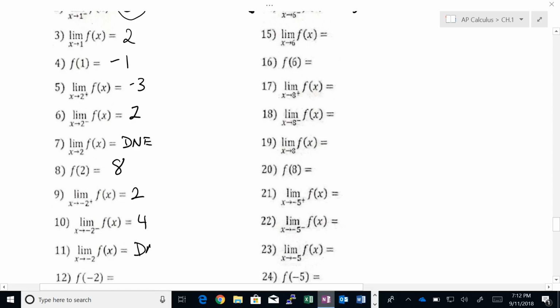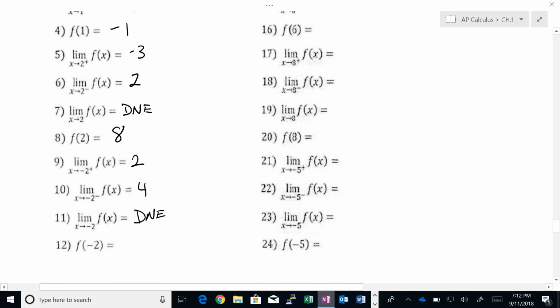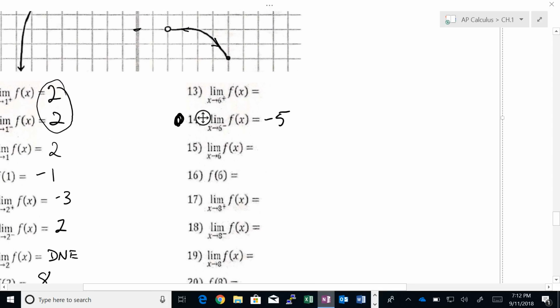This one does not exist. F of negative 2 is 4. Let's jump up here. 6 from the right is 0. It's negative 5. 6, that does not exist.